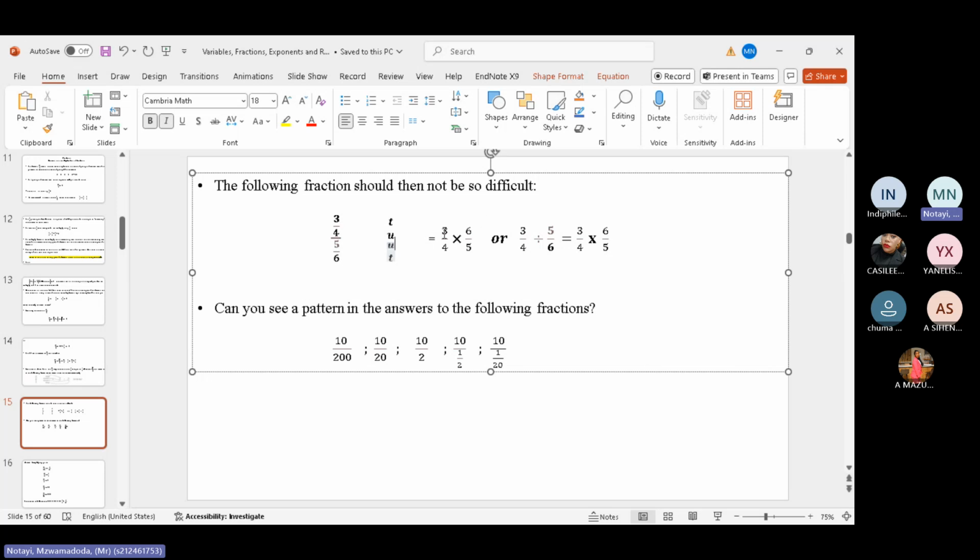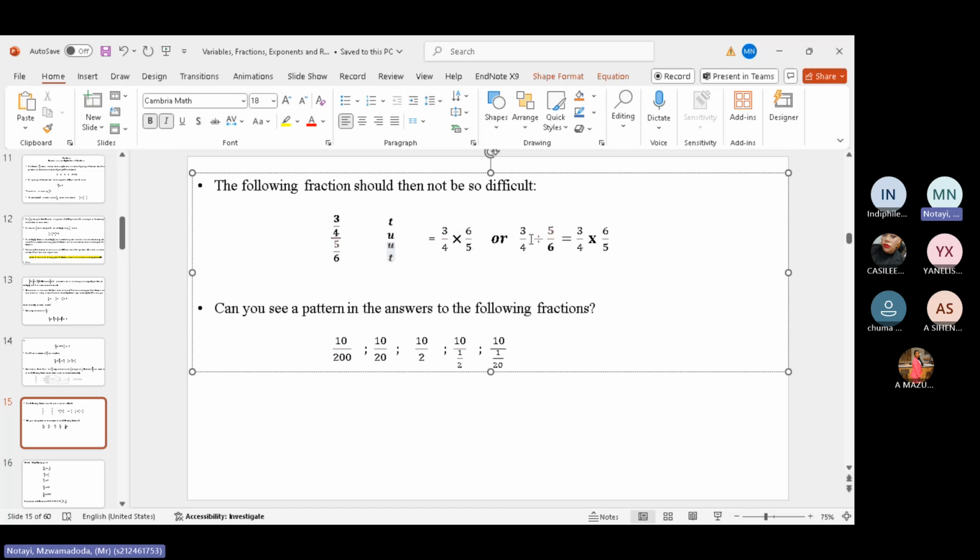Which is equal to 3 divided by 4. So the 4 is under, the 3 is top, multiplied by 5 is under the second fraction. So 5 will be under, and then 6 will be top. So we said in multiplication of fractions, the numerators multiply each other, and then the denominators multiply each other. So we're going to have 3 times 6 and then 4 times 5 to get to the final answer.